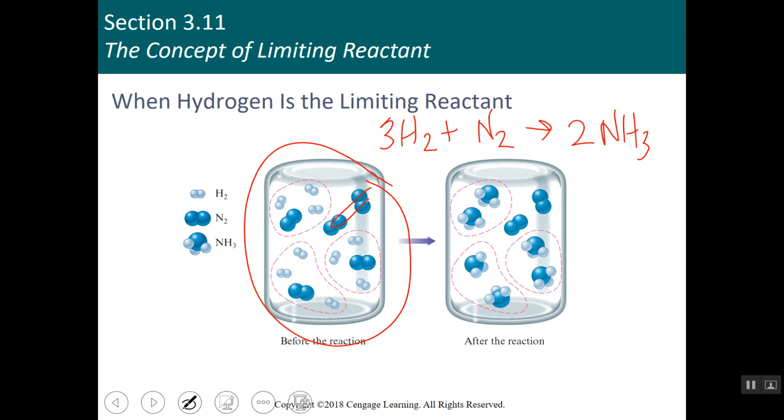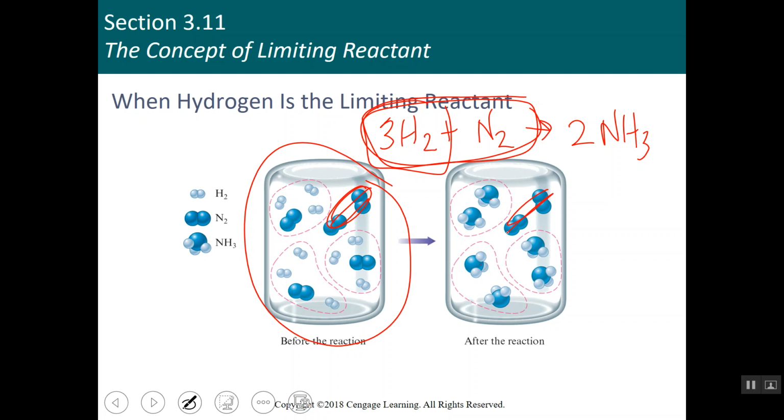The hydrogen is limiting how much you can form, because when you try to pair up and get these little subsets, there are some molecules left over, and those happen to be nitrogen molecules. After the reaction, you're going to end up with 3 little subsets of ammonia, but you're going to have those 2 nitrogen molecules still left over.